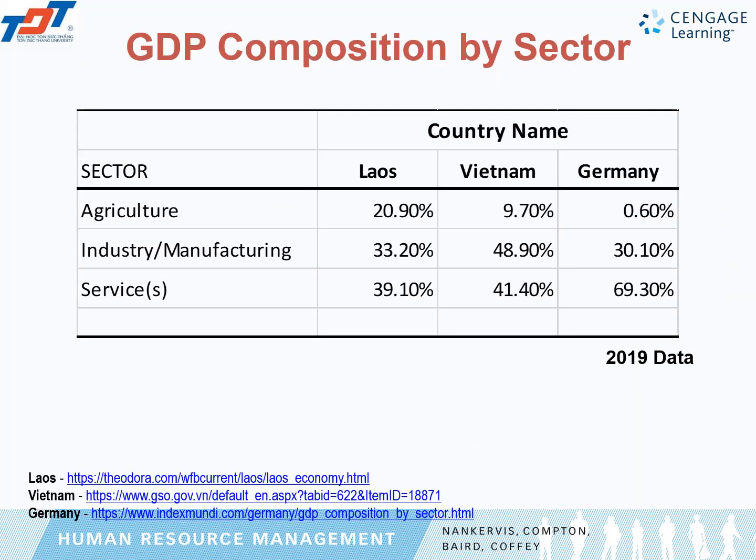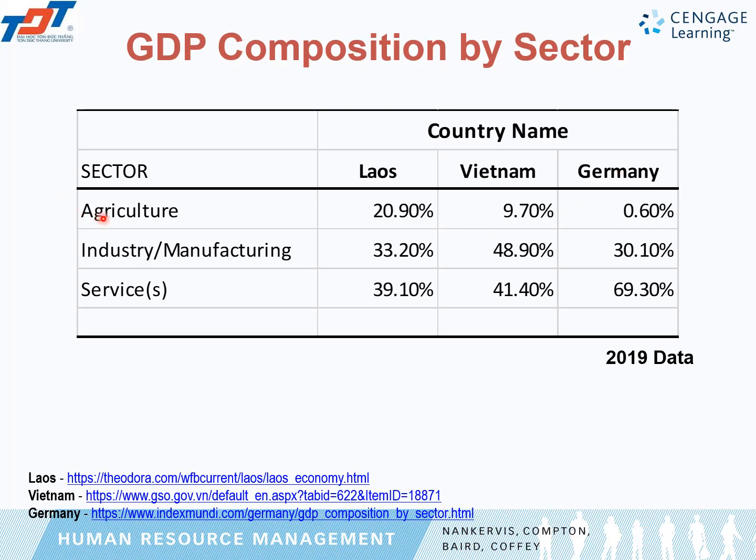To understand the difference between these three categories that represent the total GDP, I have created this table which looks at three different economies. Laos, which is an underdeveloped economy, Vietnam, which is a developing economy, and Germany, which is a developed economy.